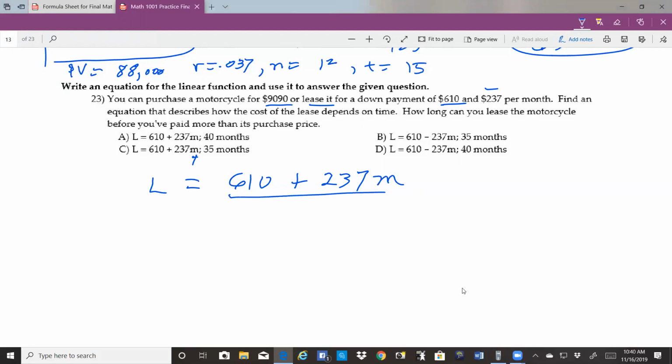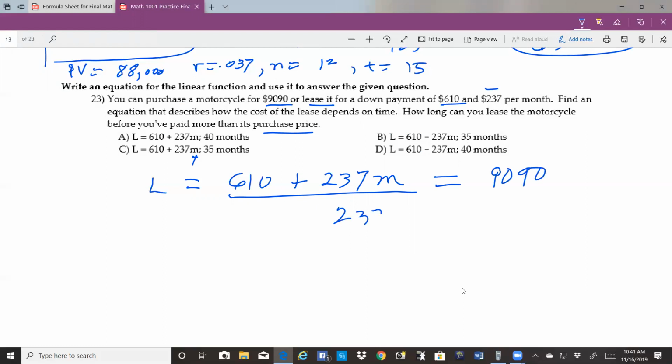So this would be the equation, 610 plus 237 m. And we want to know how long can you lease the motorcycle before you paid more than its purchase price. Well, let's set that equal to the purchase price, which is $9,090.